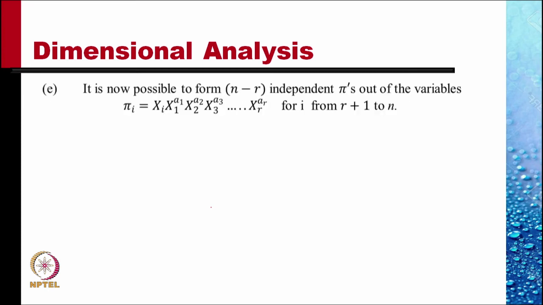It is now possible to form n minus r independent pi numbers out of these variables. Pi i is xi, one of the remaining variables that we have not chosen as the fundamental parameters, into the first parameter raised to power a1, the second parameter raised to power a2, and so on, and i varies from r plus 1 to n.